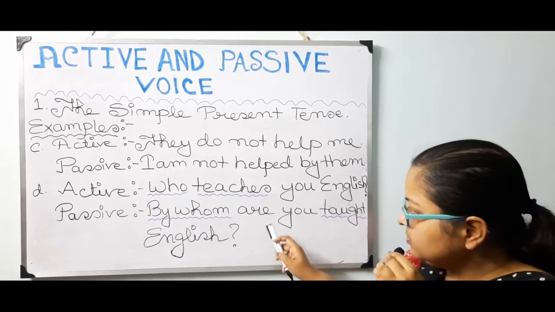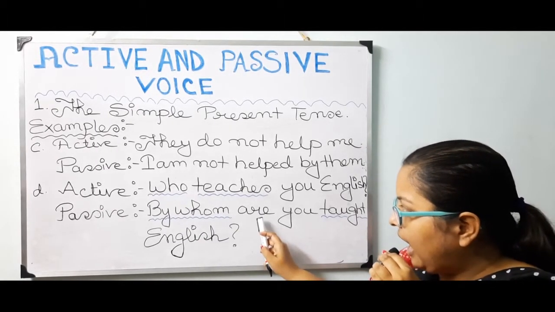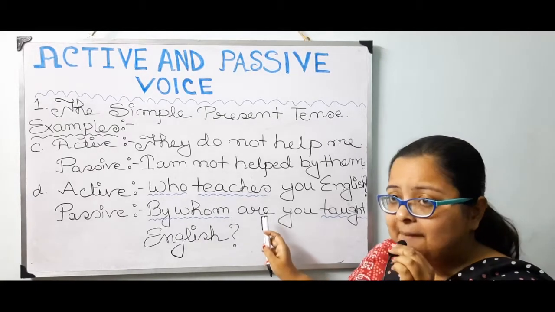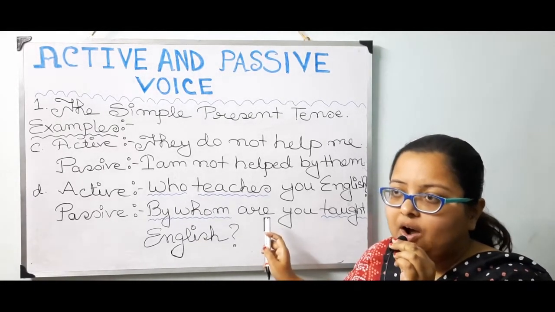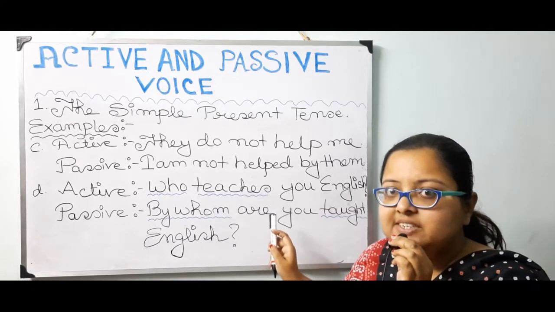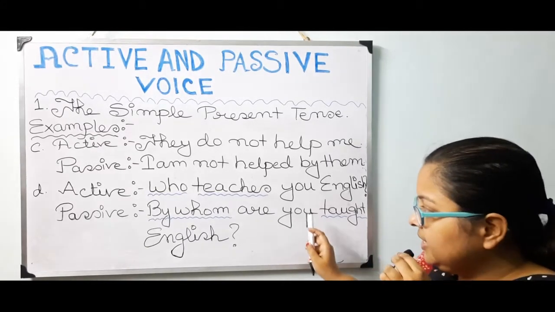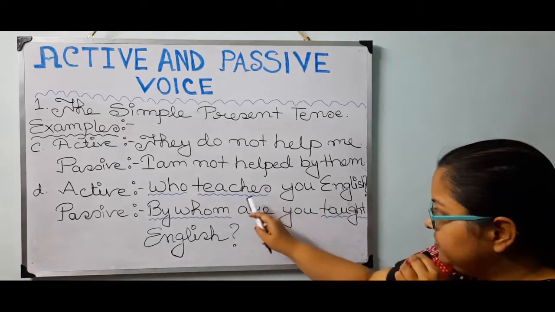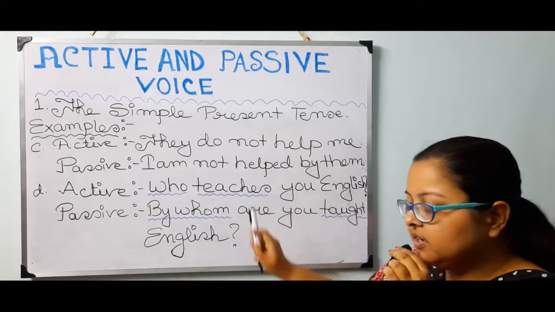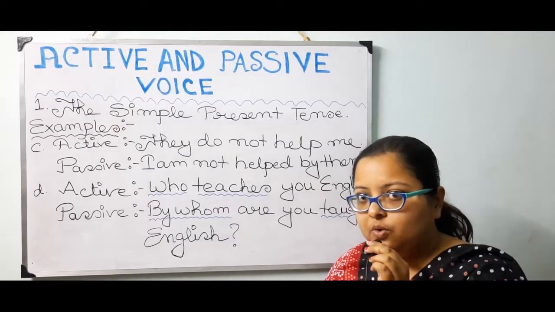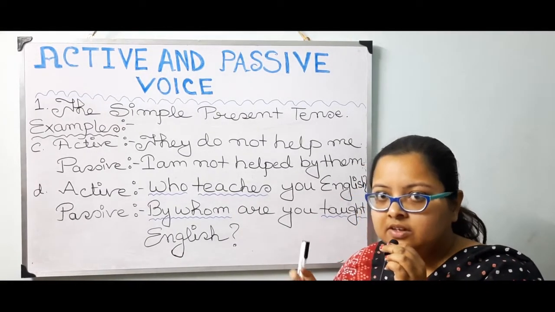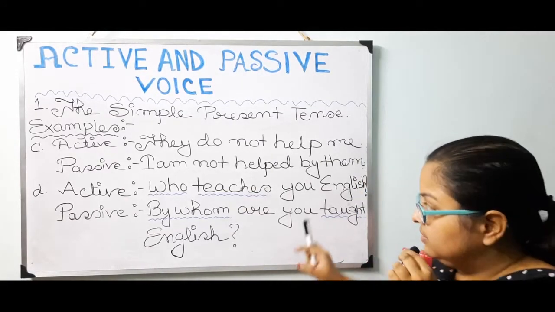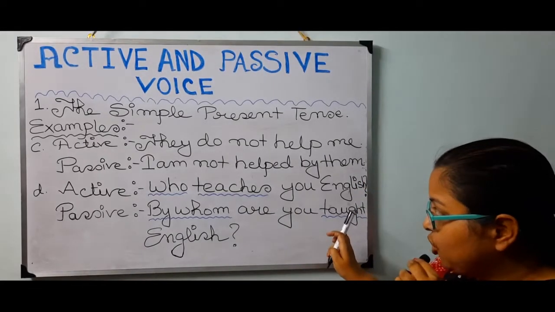Then according to the rule are, you. Okay, you can put am, is, or are according to the need of the subject. Then here you is there, so definitely are will be there. Then first form of the verb, that is teach. Okay, the main verb, easy word teach, is getting changed into taught.